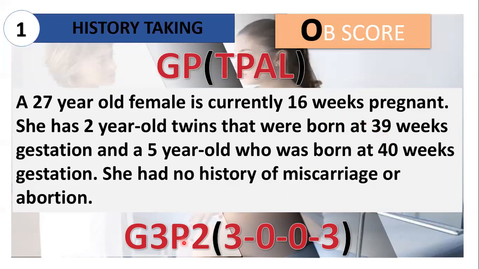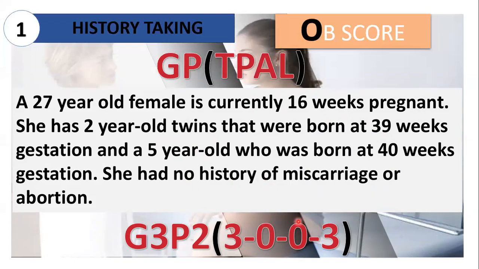So parity is 2. As for the full-term births, the mother gave birth 3 times to 3 full-term babies, the 2 twins and the 5-year-old child. So term births are 3. And there are no preterm births, so 0.